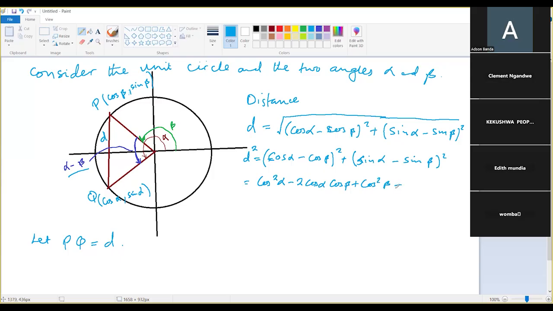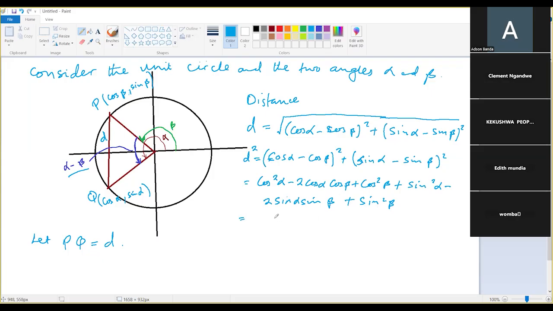Then the second expansion will have sine squared alpha minus 2 sine alpha sine beta, and then plus sine squared beta. Right, so that is the expansion that you get.